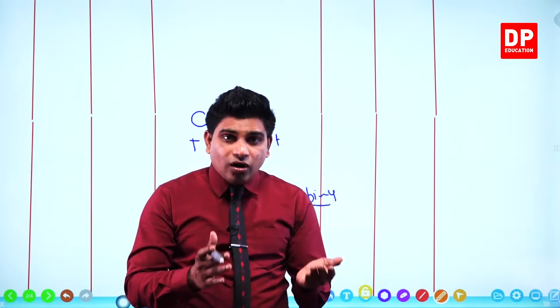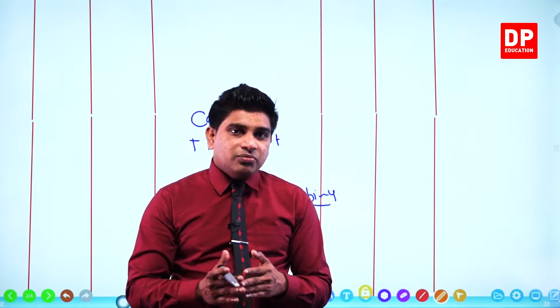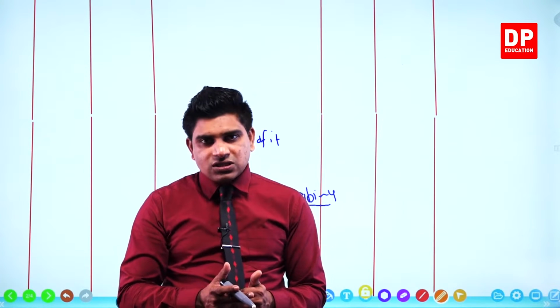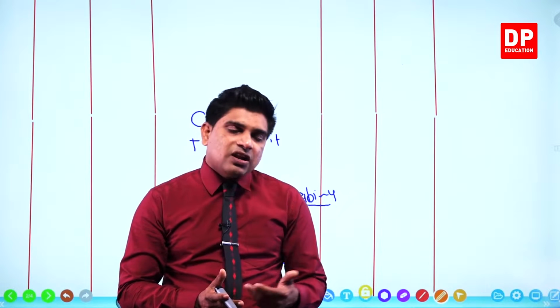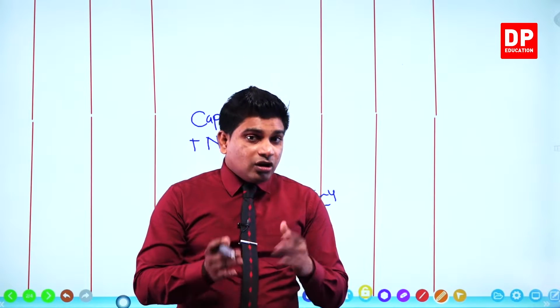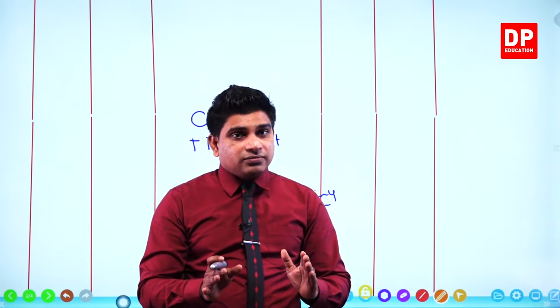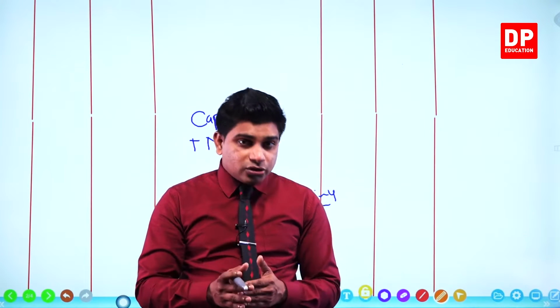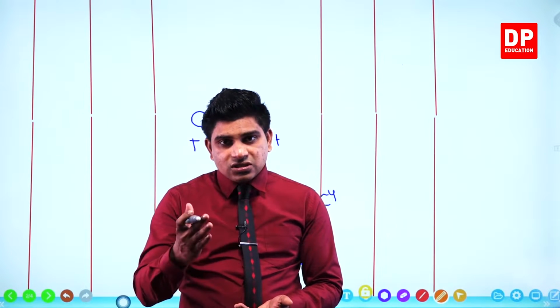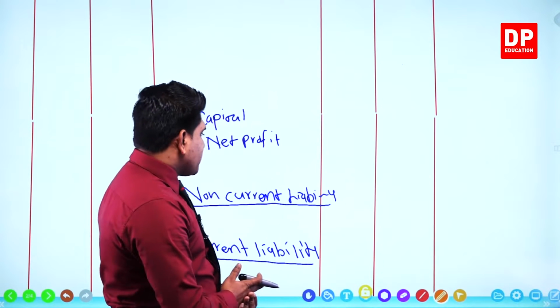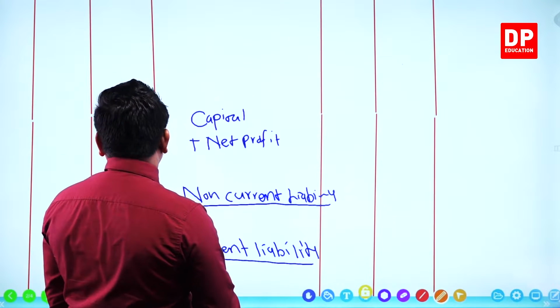But if you don't know how to prepare financial statements, how do you know about your profit or loss, right? You can do it by yourself, right? So, not only for the O-level exam, this lesson will be very helpful to you for your own business, what you are going to do in future, right? So, you do this question with me.